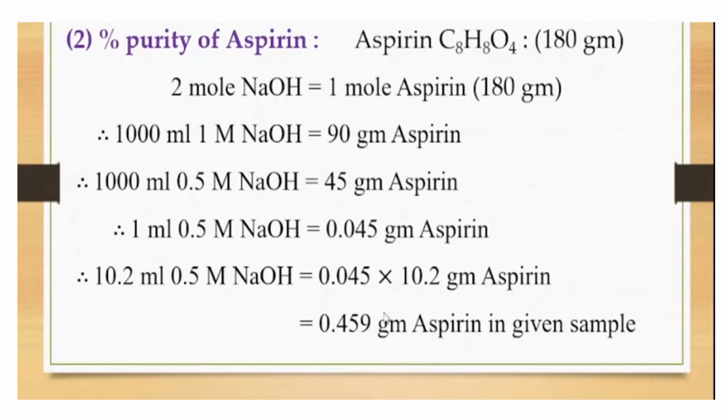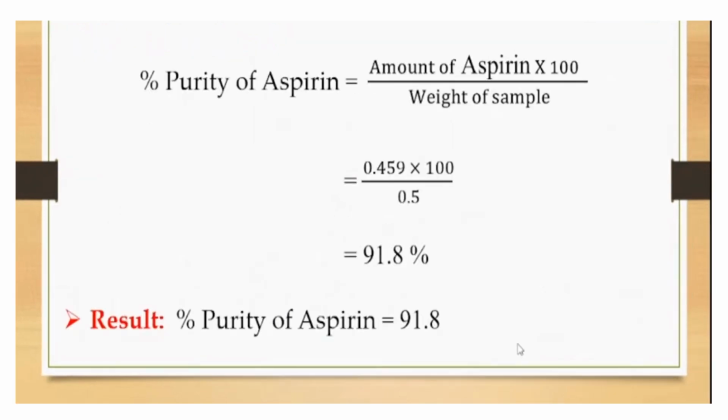Using this and the amount of sample used, you determine the percentage purity as follows: percentage purity of aspirin equals the amount of aspirin over the weight of the sample times 100. This means 0.459 over 0.5 times 100, which equals 91.8%. The percentage purity of the aspirin is 91.8.